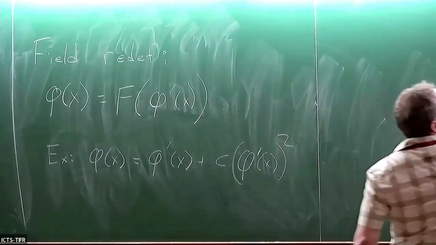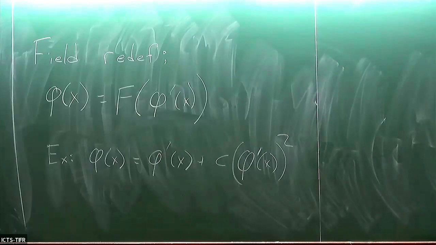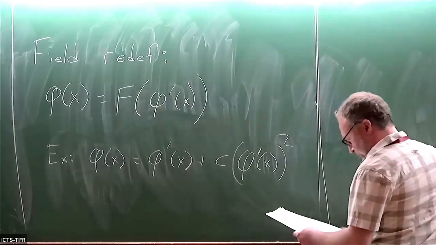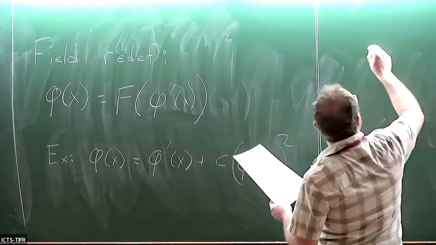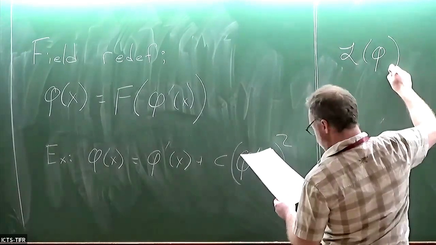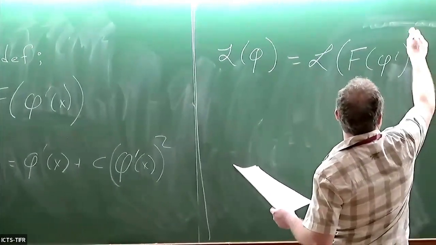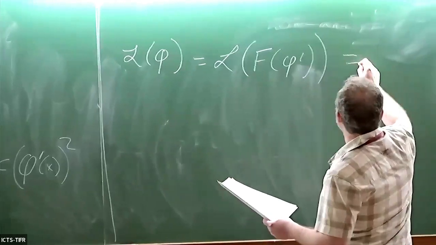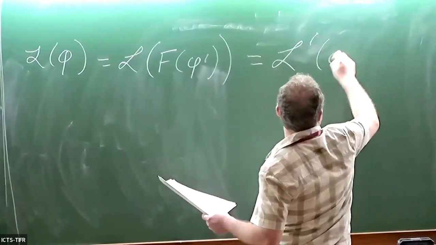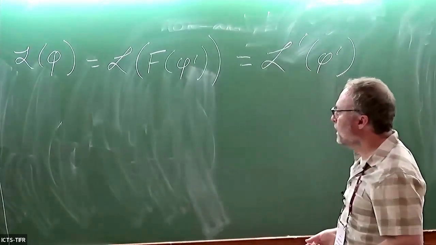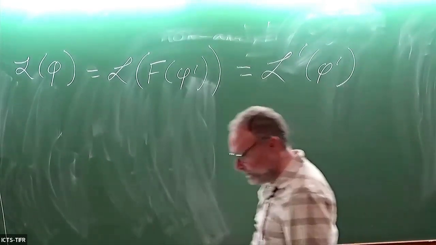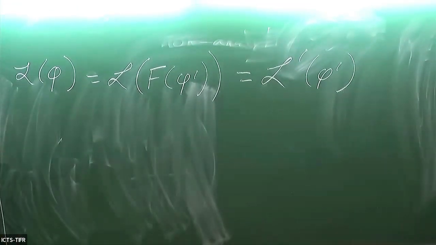We get a new Lagrangian. Okay, so L of phi is L of f of phi prime. Okay, I'm just plugging in the field redefinition, and I'm going to call that L prime of phi prime. Okay, then I can put that into the path integral.